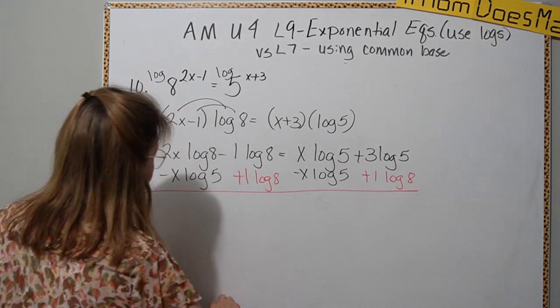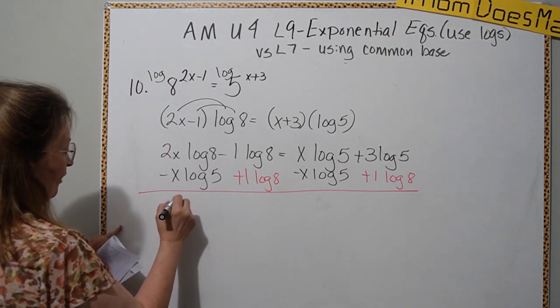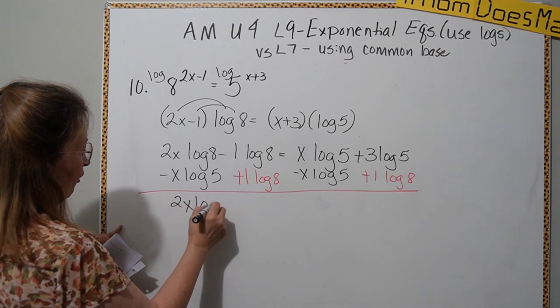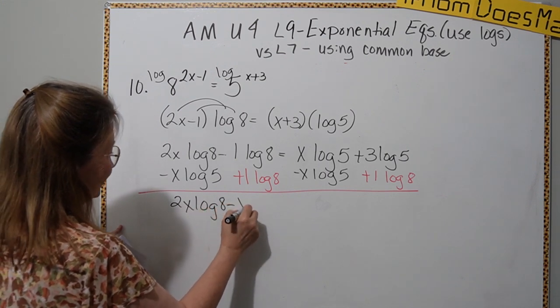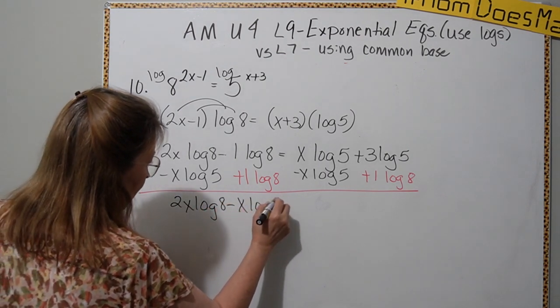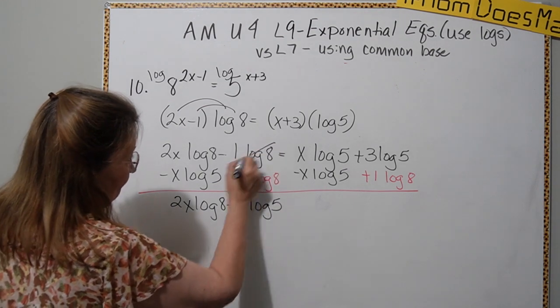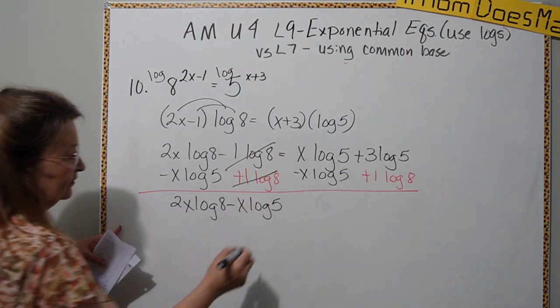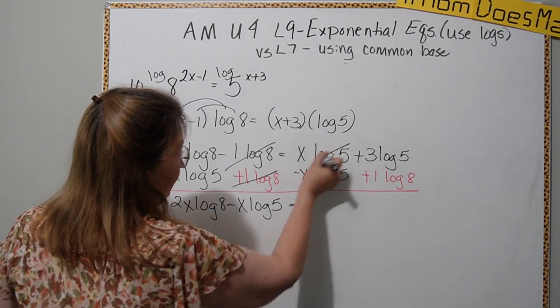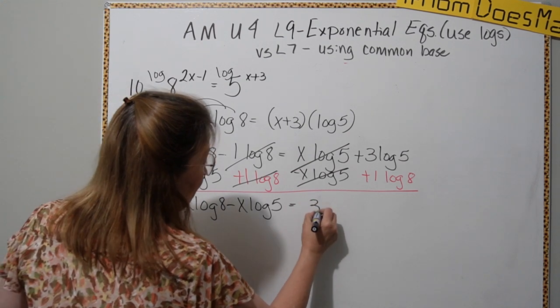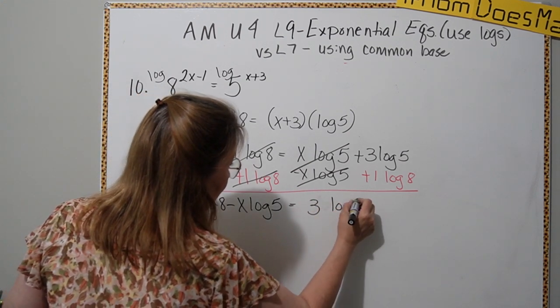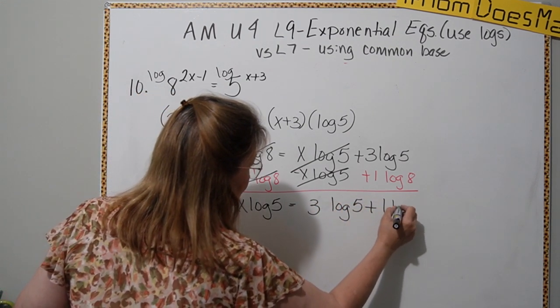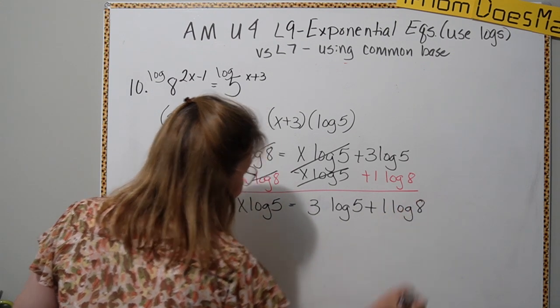Now let's see what happens. Here I've got 2x log 8 minus x log 5. These two things cancel out. All right, over here, the first two cancel out, so I have 3 log 5 plus 1 log 8 left.